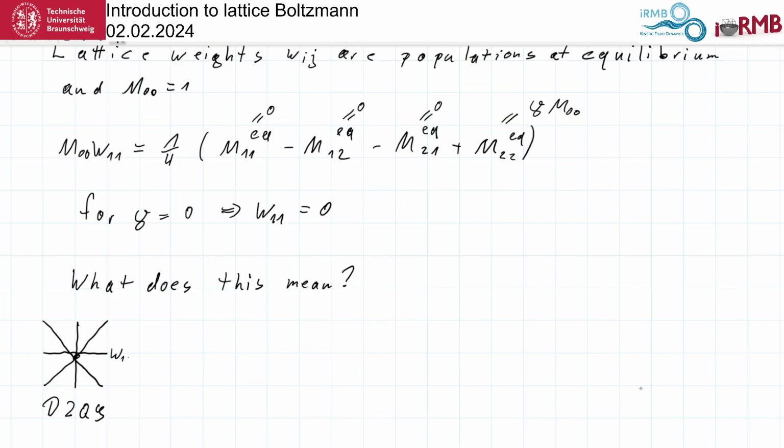For example, here we have the weight 1, 0, and of course there's symmetry, so they will have the same here, and you have 1, 1, and the weights all over this place. So if they are 0, this actually does make sense. It just means we've reduced our lattice. We started with a bigger lattice, and what we end up with is this one, because we have vanished populations.